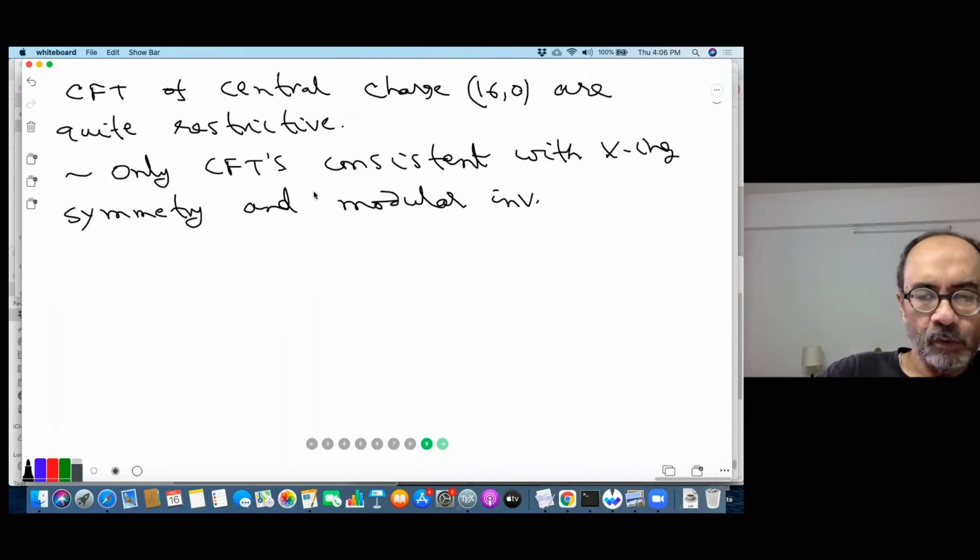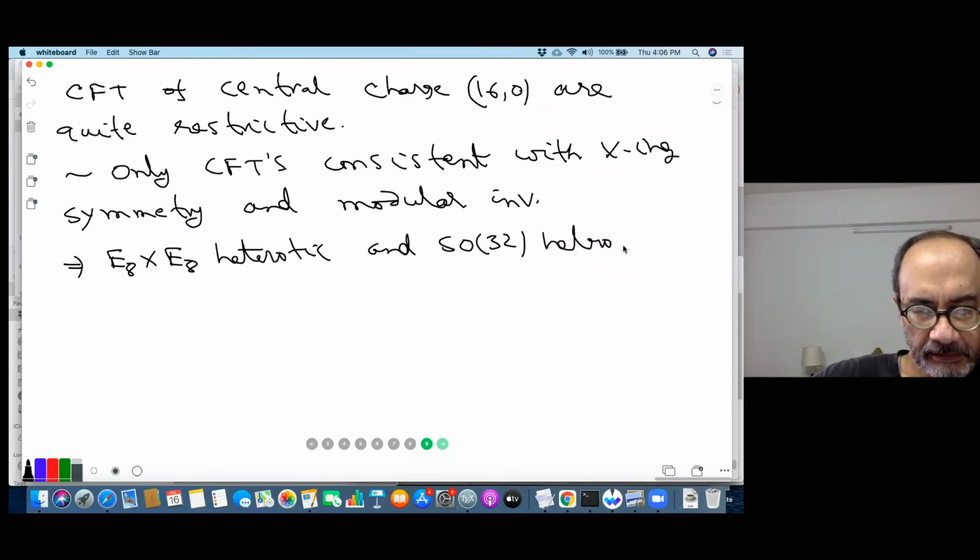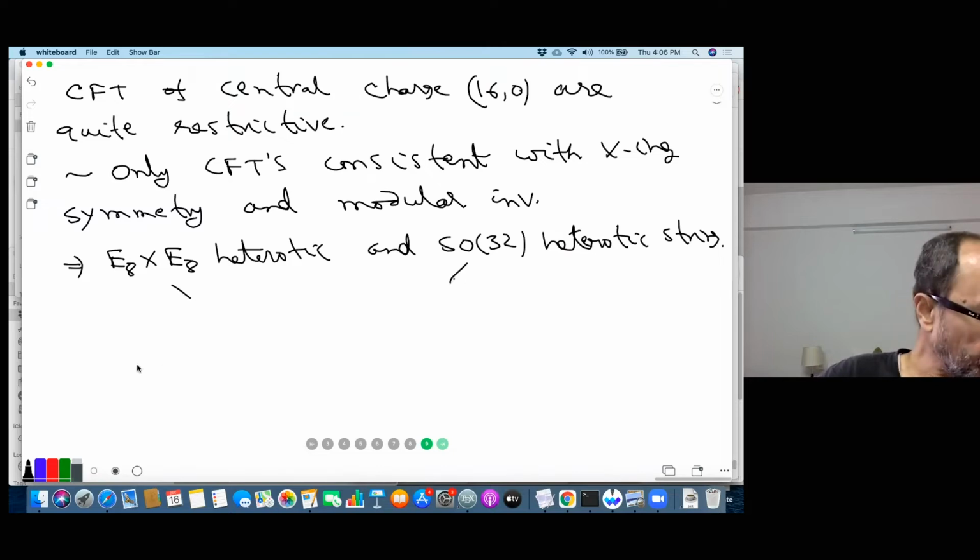Okay. So these two CFTs give rise to what is called E8 cross E8 heterotic and SO32 heterotic theory. Now these names, okay, I'll explain where these names come from.